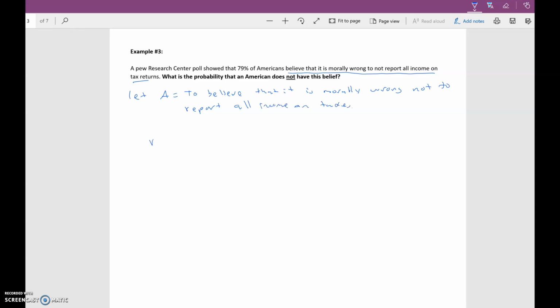The probability of A is 79%, or 79 over 100, or 0.79.